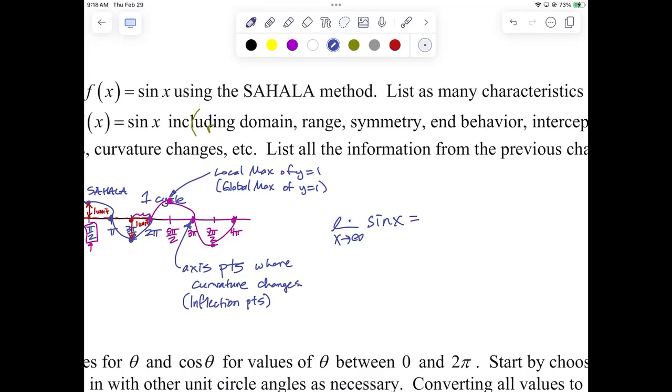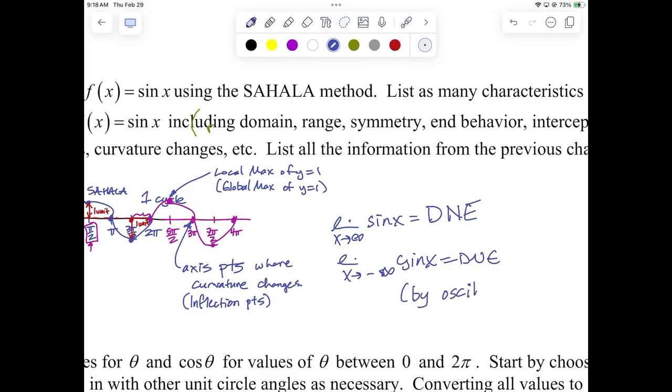So is there a limit? If I ask you for the limit and they oscillate constantly between two values, what would you say? DNE. Yeah. Remember, limits can fail to exist for lots of different reasons. That's for both of them. Yeah, that's the left-hand behavior as well. The limit as x goes to negative infinity of sine of x is also DNE, but for a very specific reason.